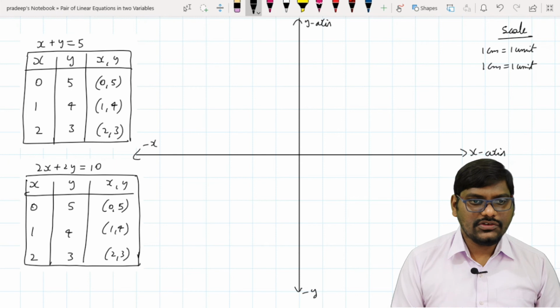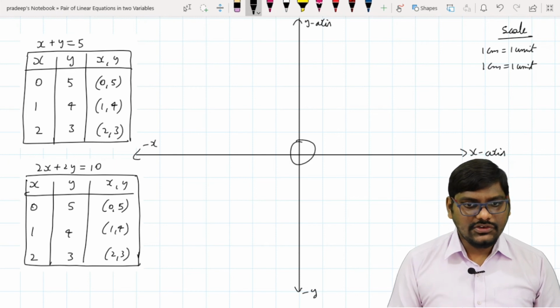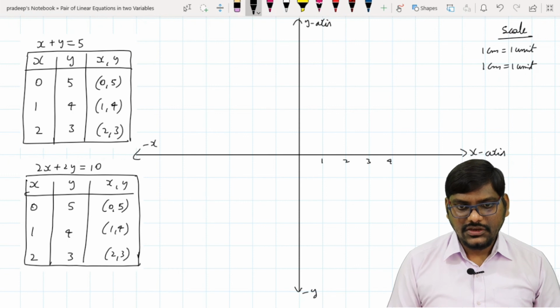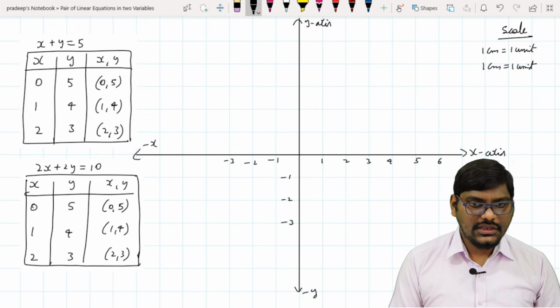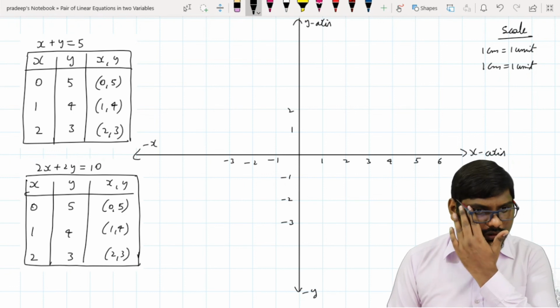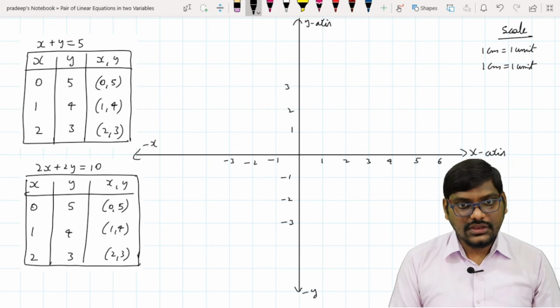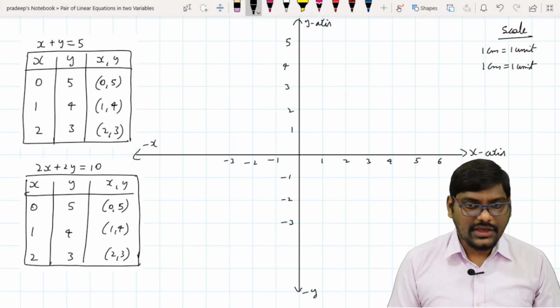Before that, we'll write the numbers 1 2 3 4 5 is enough. So this is minus 1 minus 2 minus 3, and here 1 2 3 4. So I'm taking till 5.